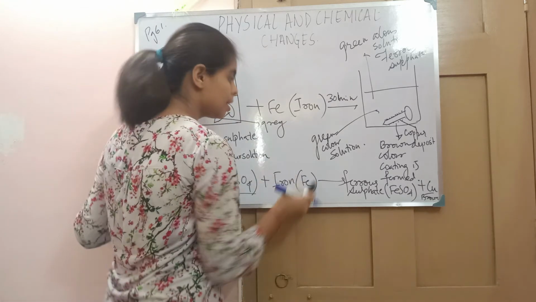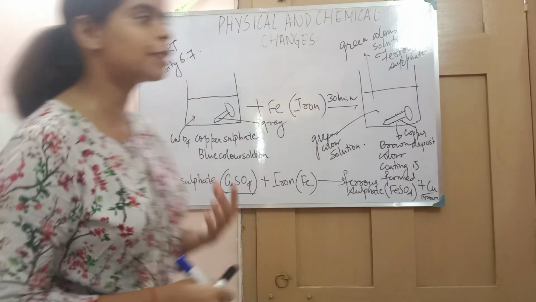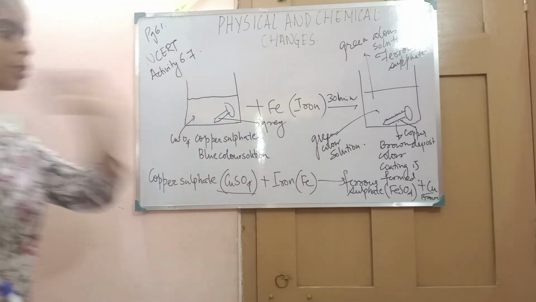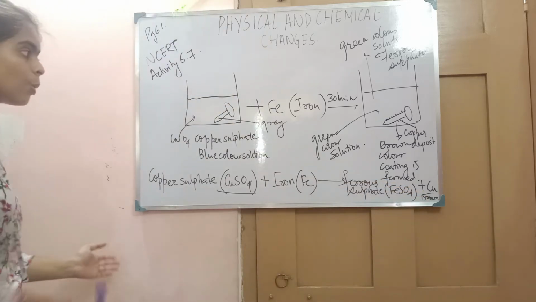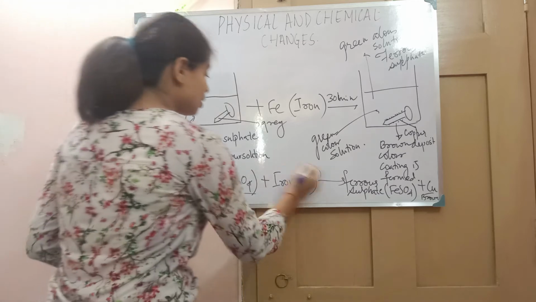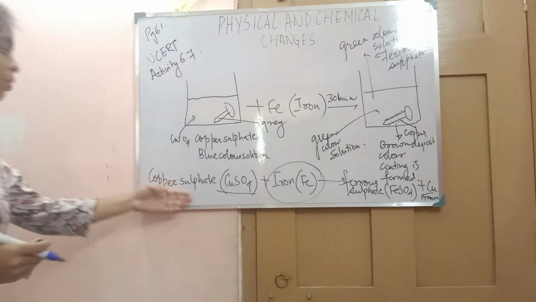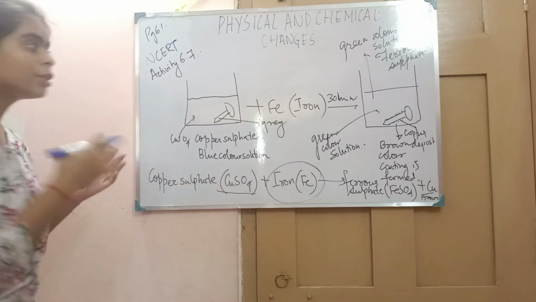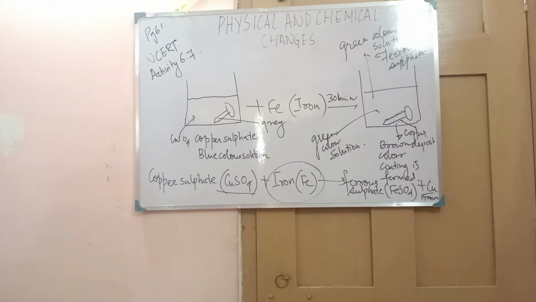Earlier it was iron, but after 30 minutes now it is copper metal. The nature of the metal also changed, and the nature of the solution is changed. So this kind of reaction is a chemical reaction.